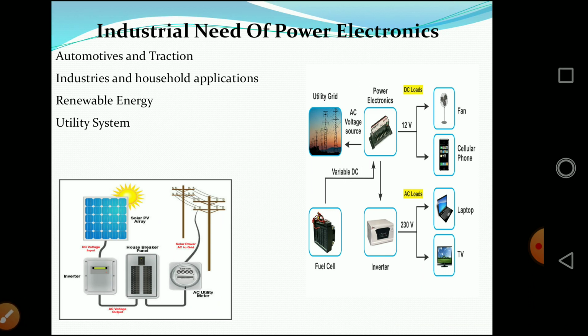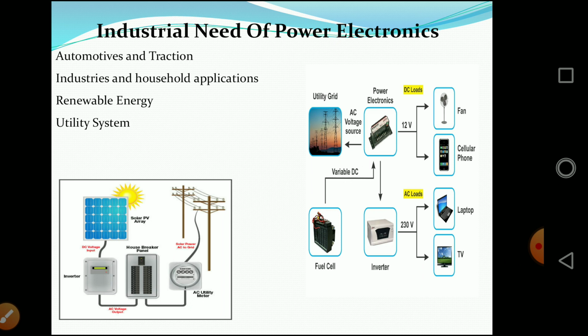Nowadays, traction is the most commonly used application. In traction systems, power electronic circuits are used to control the speed of the motors.